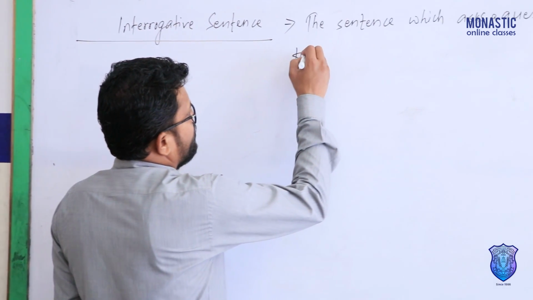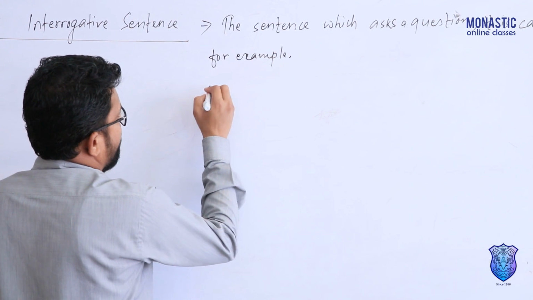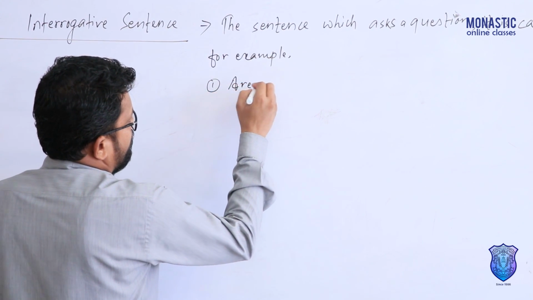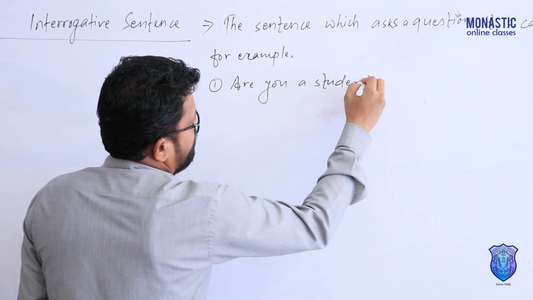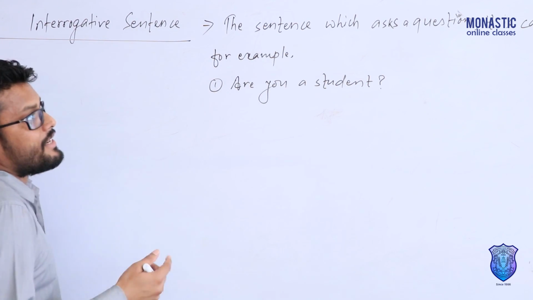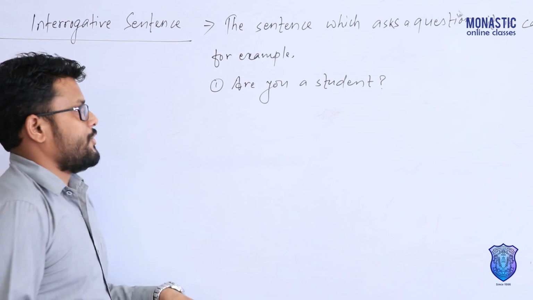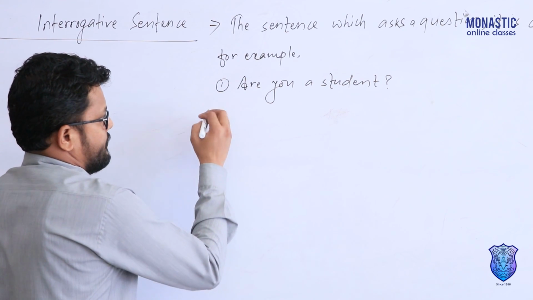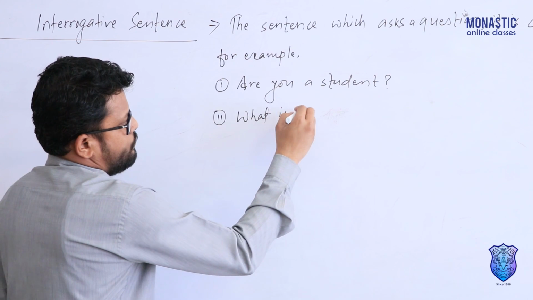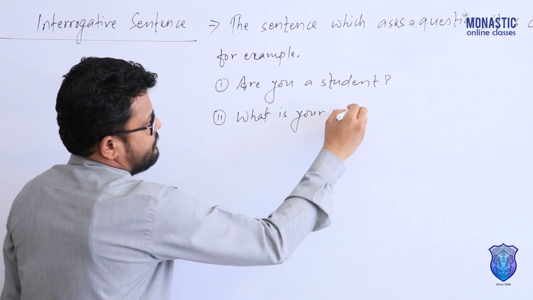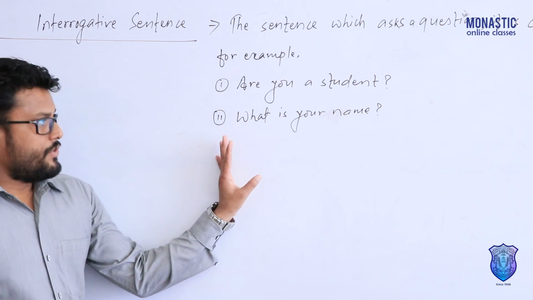For example, you can find here, like: Are you a student? It's an interrogative sentence because this sentence has raised a question. Number 2 is: What is your name? It's also an interrogative sentence.